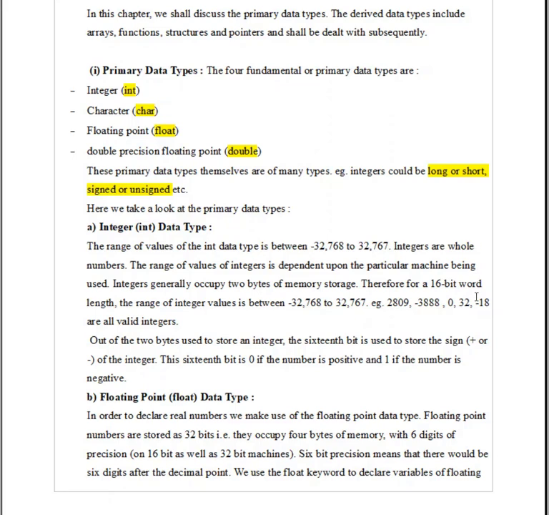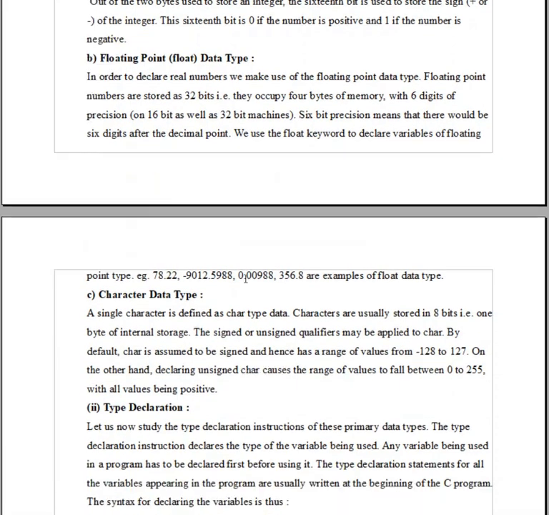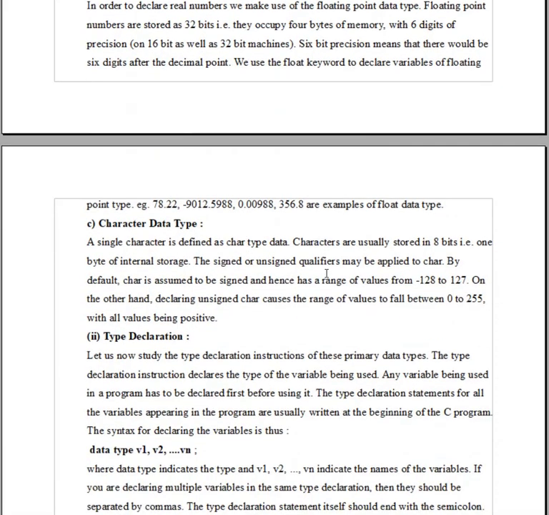Then the floating point or float data type is used to store decimal or fractional values, and its size is almost double that of the integer, also depending on the width of the computer. Then the char data type is used to define a single character. Characters are usually stored in 8 bits, and 8 bits equal 1 byte.